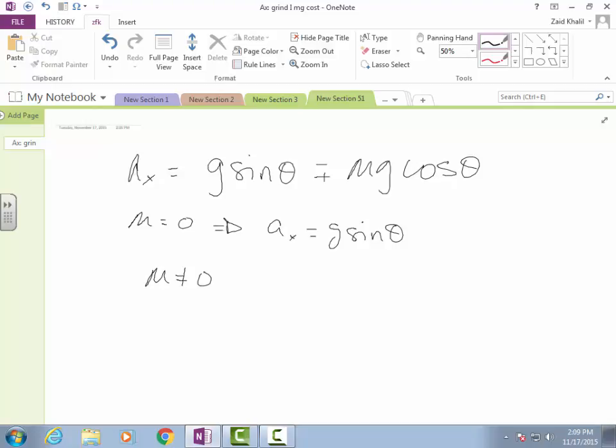Anyone? Come on now. You got a 50-50 chance. Is it up or is it down? When it goes up. Why when it goes up? What are the forces acting on it? Gravity and friction are both acting down the plane.